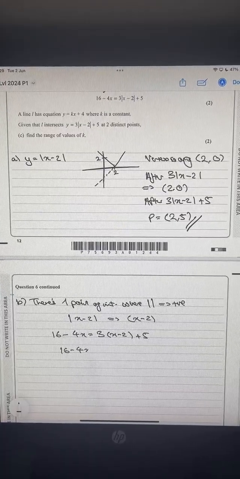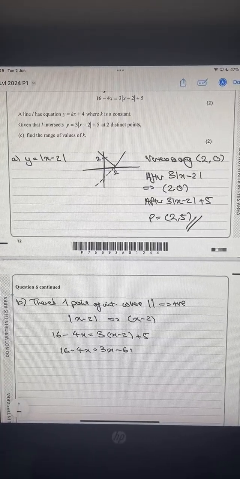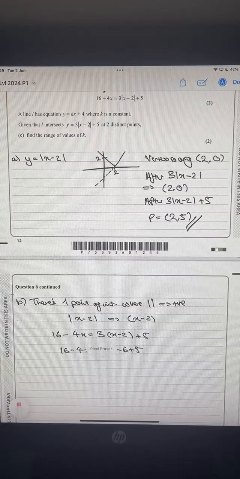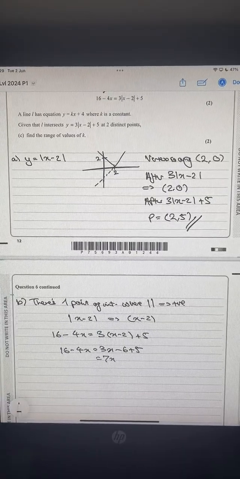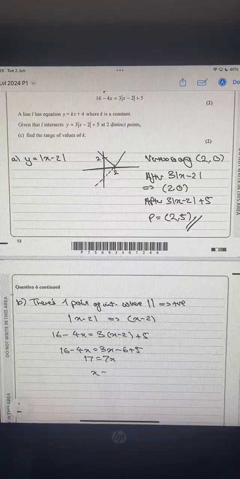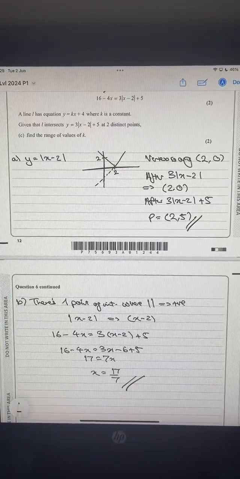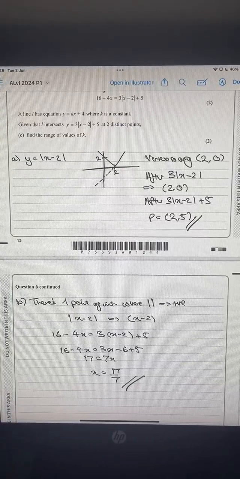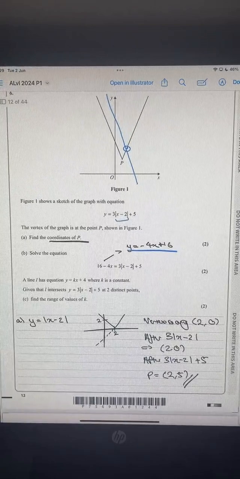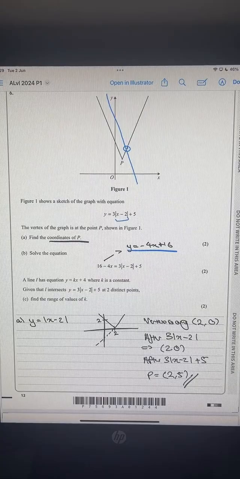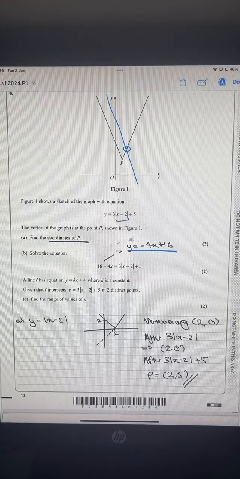If I solve this real quick, I get 3x minus 6 plus 5, and then 7x equals minus 5 minus 17, then x is equal to 17 over 7. And that's it. I do not need to find the y value because the question asked me to solve the equation. Solving means finding whatever letters are in that equation, so x. So I don't need to find y there. So that's that. Hopefully that makes sense for you all.